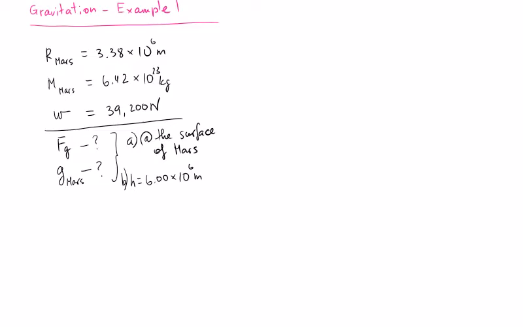So pretty much we have a situation, if we try to visualize, let's suppose this is Mars, and here's the distance, the radius of Mars, and we have the mass of Mars.